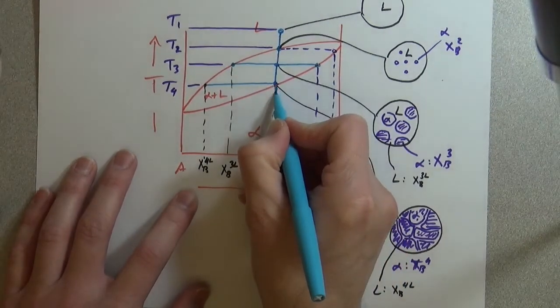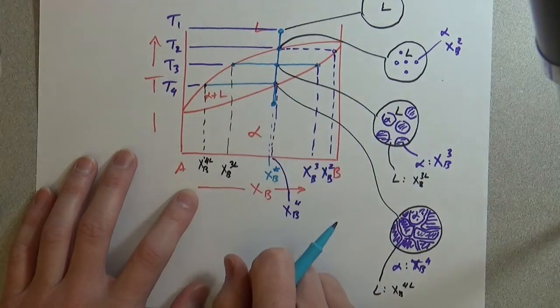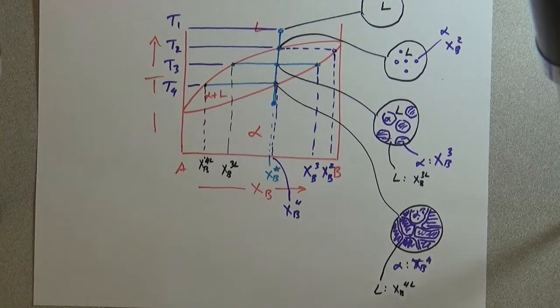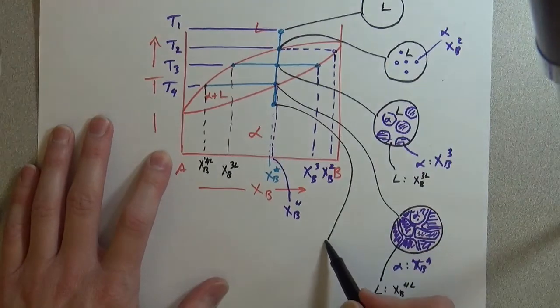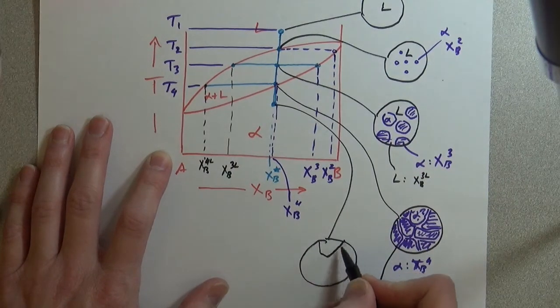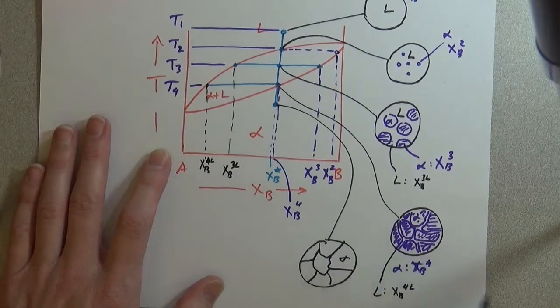And then finally, if we cool down further, we're now in the alpha region of the phase diagram. That means that our microstructure now looks like all solid alpha.